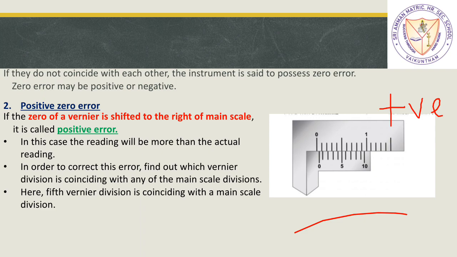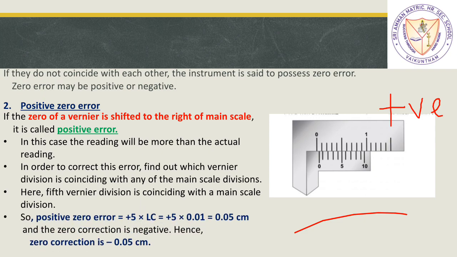In the given picture, the fifth division, the mark 5, is coinciding properly with the main scale reading. So here the fifth vernier division is coinciding with a main scale division. So the positive error is plus 5 into least count.